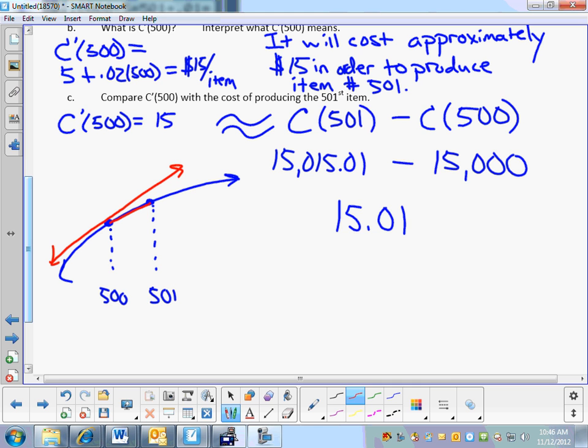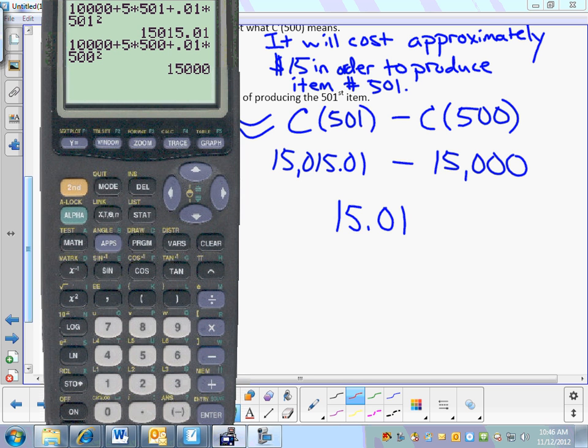Does that process make sense? Now, finally, last piece is this. You guys said before, you made the mistake. Somebody said, well, on average, it's costing them $15 per shoe. No, if you look, they've spent $15,000 to produce 500 pair of shoes.